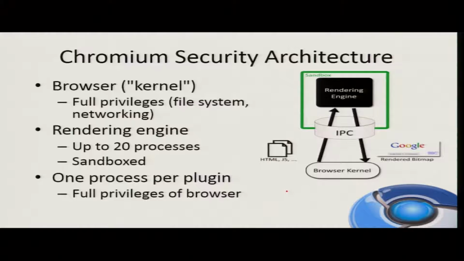And then there are rendering engines, depending on implementation up to 20 processes, and they are sandboxed, which means that they cannot have full privilege of interacting with your system. Any time they have to interact with your file system or sockets, they have to ask the browser kernel to do that on their behalf. This is a way to keep the least privilege principle working in the browser architecture.